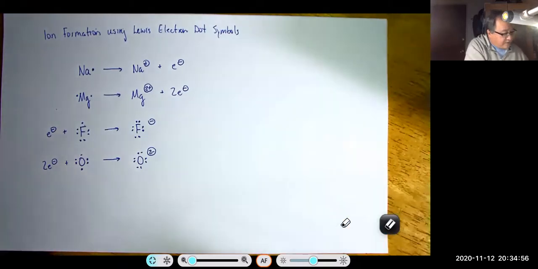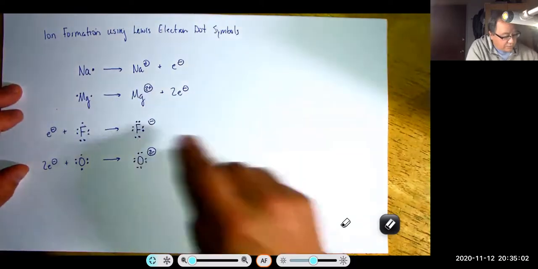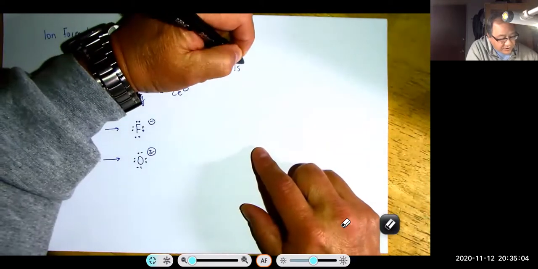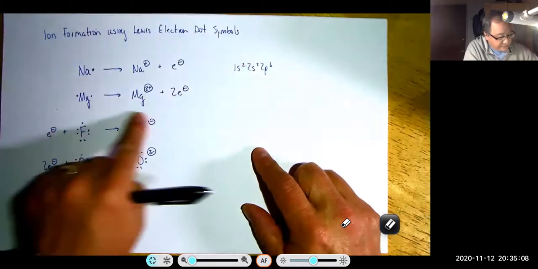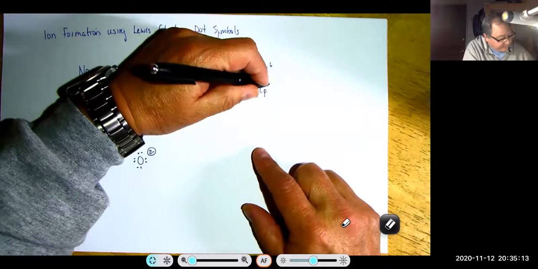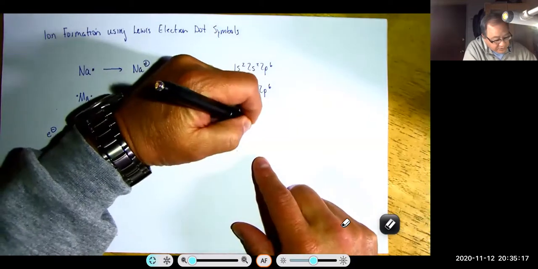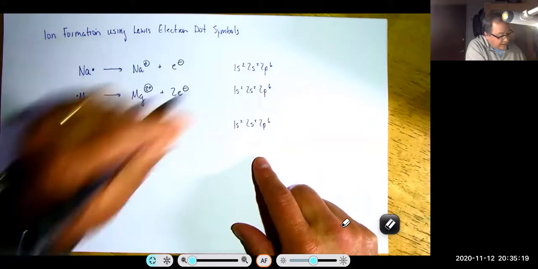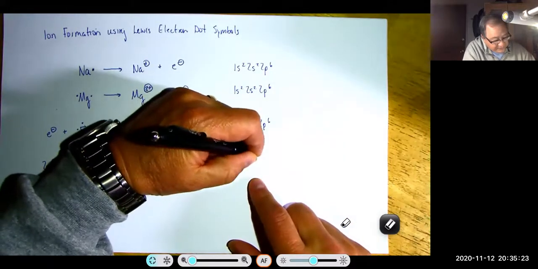Now, another interesting thing about these, if you take a look at the particular ion formed, sodium, it's 1s2, 2s2, 2p6. Magnesium, it's 1s2, 2s2, 2p6. And the fluoride is 1s2, 2s2, 2p6. And the oxide is 1s2, 2s2, 2p6.